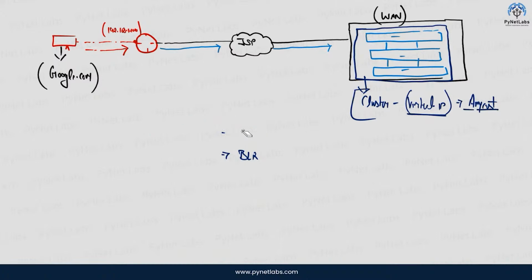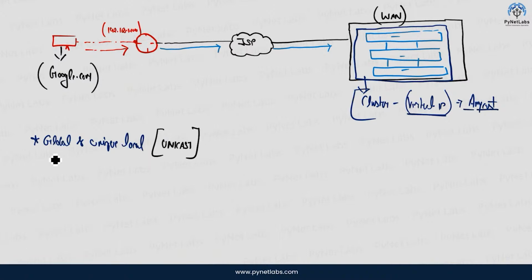So this Anycast IP can be any IP. Like with IPv6, the IP addresses we discussed in the last part, global and unique local, are part of the unicast category. Both of these IP addresses can be defined as Anycast addresses.